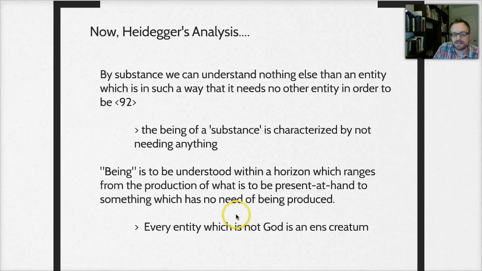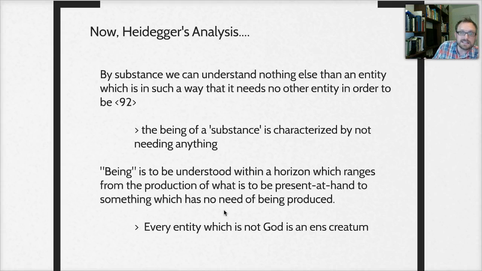And it's interesting that Heidegger discusses this, and it's also important to remember that Heidegger is trained in Catholic theology here as well, even though he himself rejected the faith. He says here that from the perspective of Descartes in medieval philosophy that he's using in his language, right, to say that a substance is something that doesn't need anything is really only true for one major substance, and that's God.